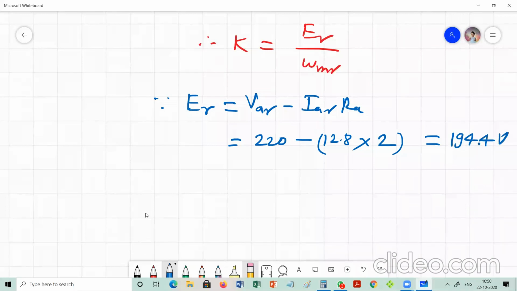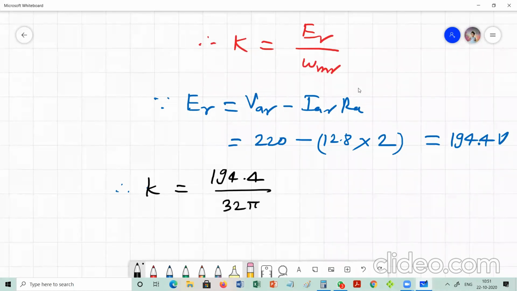Okay, now we have ER, we can calculate K. Therefore K is equal to ER, which is 194.4, divided by omega mr. We have calculated it, I think it is equal to 32 pi.